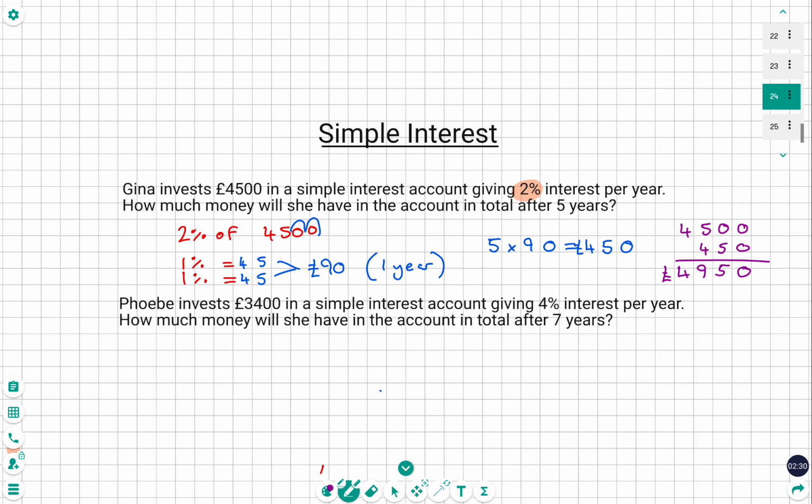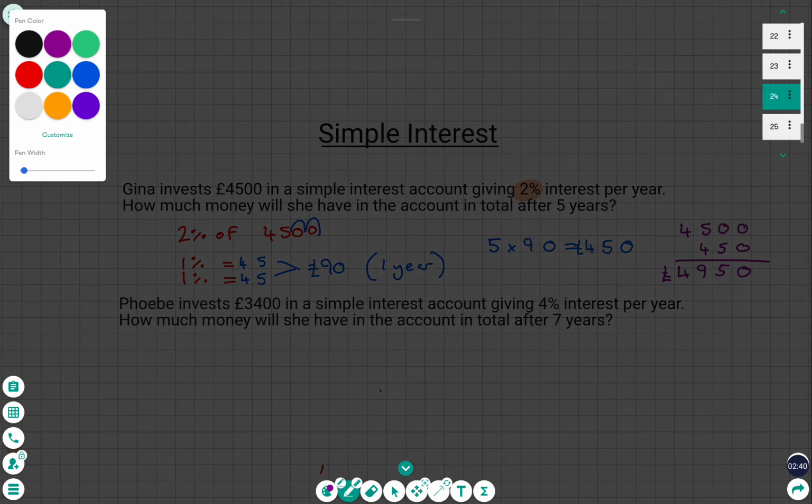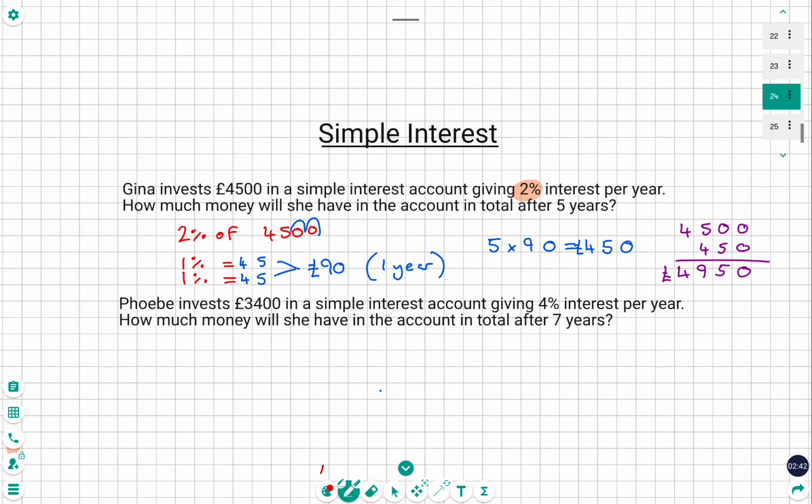Okay, so let's have a look at this next one about Phoebe. So Phoebe invests 3,400 in an account giving 4% interest per year. How much will she have in the account at the end of 7 years? So let's find out the percentages that we need for Phoebe. So 1%, 1%, 1%, and 1%. I divide by 100, so go back 2 places, so we're going to get 34.